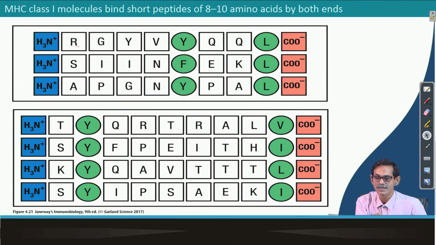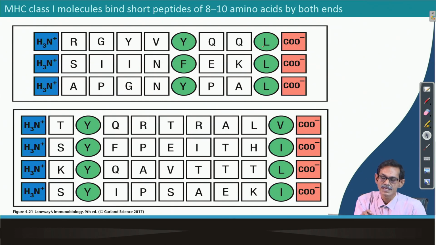Suppose this is an 8 amino acid peptide. What scientists did was feed a variety of peptides to see, for a particular MHC, which binds better than the rest, or which is the best binding.